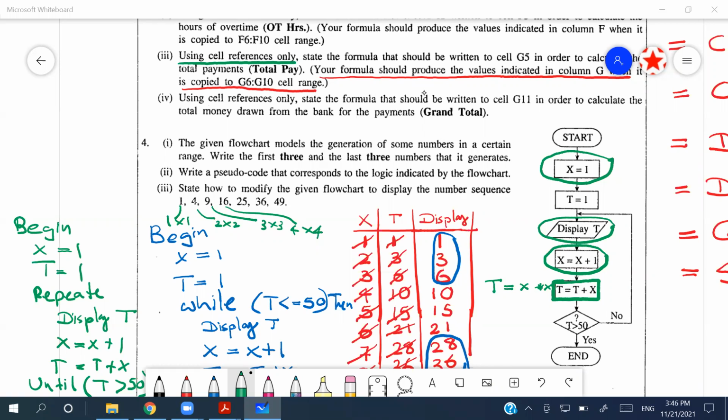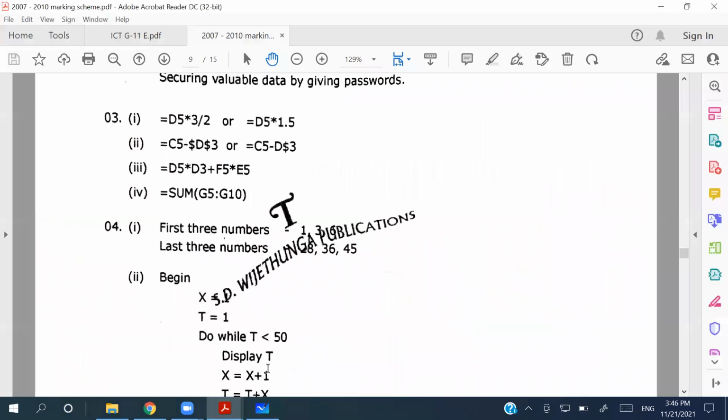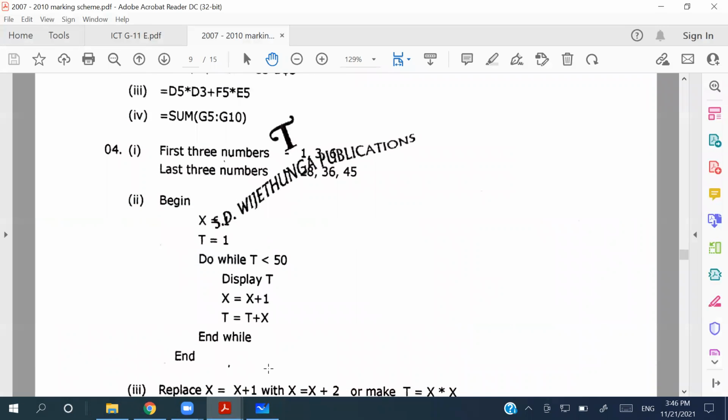So two approaches can be there. Either this approach, or you can go x equals x plus 2 as well. In the marking scheme, what was the answer that they were searching for?